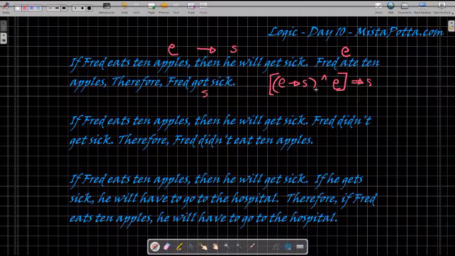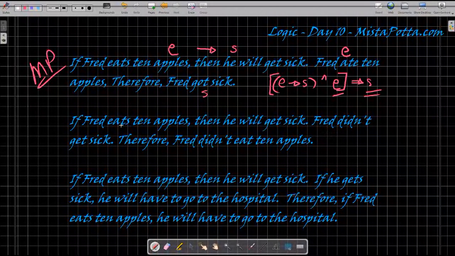And so what I notice here is that this is our Modus Ponens argument, because my antecedent is the second premise. My consequent is the conclusion.